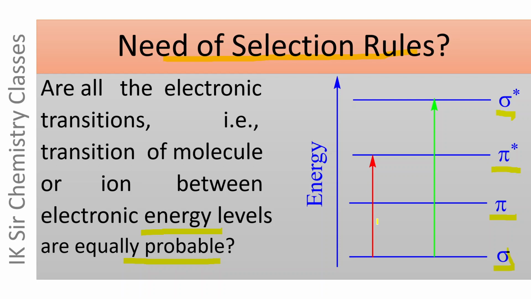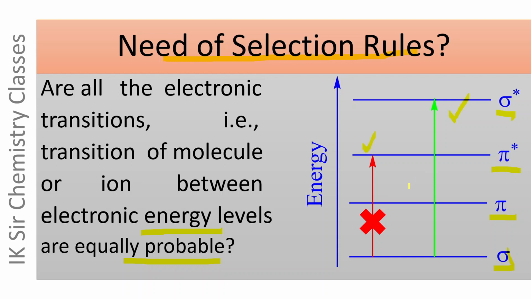Here, two electronic transitions have been represented by a red arrow and a green arrow. The electronic transition represented by the red arrow, that is from sigma to pi star, does not take place, while the electronic transition represented by the green arrow from sigma to sigma star takes place by absorbing UV light.